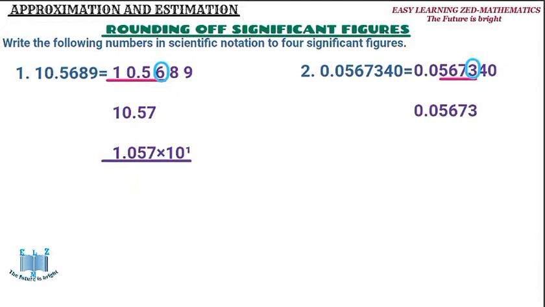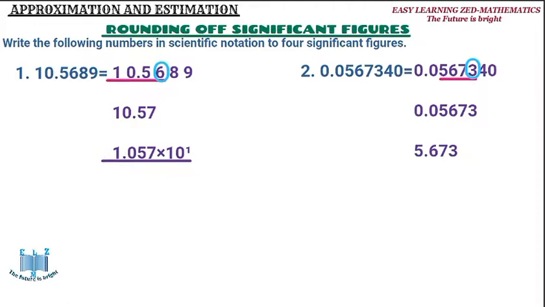So it has moved 2 steps. We move the decimal point like that, and we come up with 5.673. It's a decimal number between 1 and 10. It's not bigger than 10 and it's not less than 1.